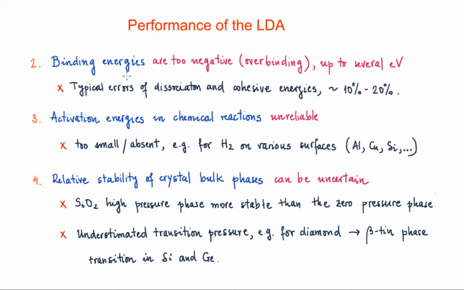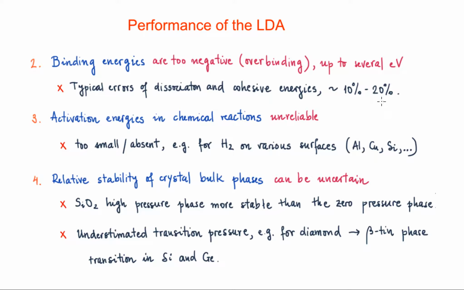About the binding energies, the binding energies calculated within the LDA are too negative. That's what's called overbinding, and the error is about several electron volts. Because of that, typical errors for dissociation of molecules or cohesive energies are around 10 to 20%.